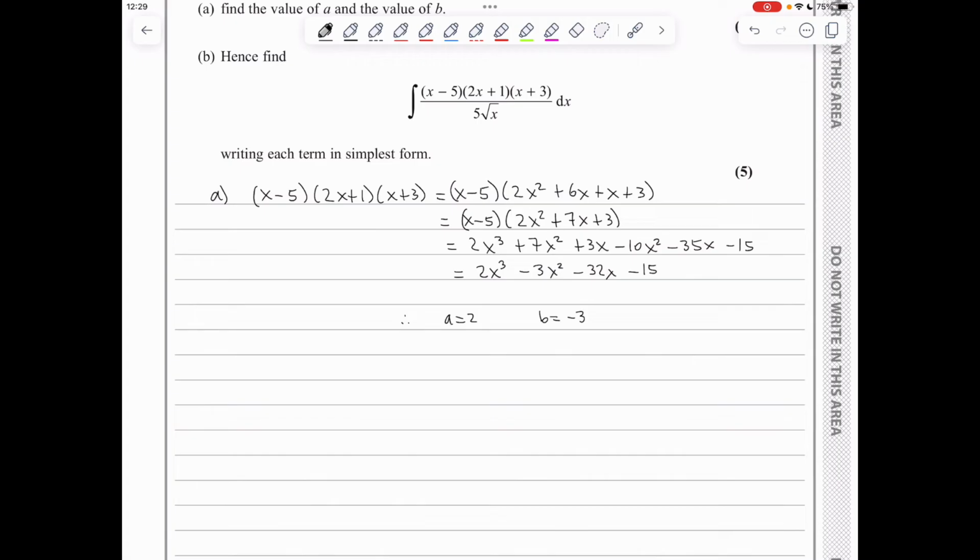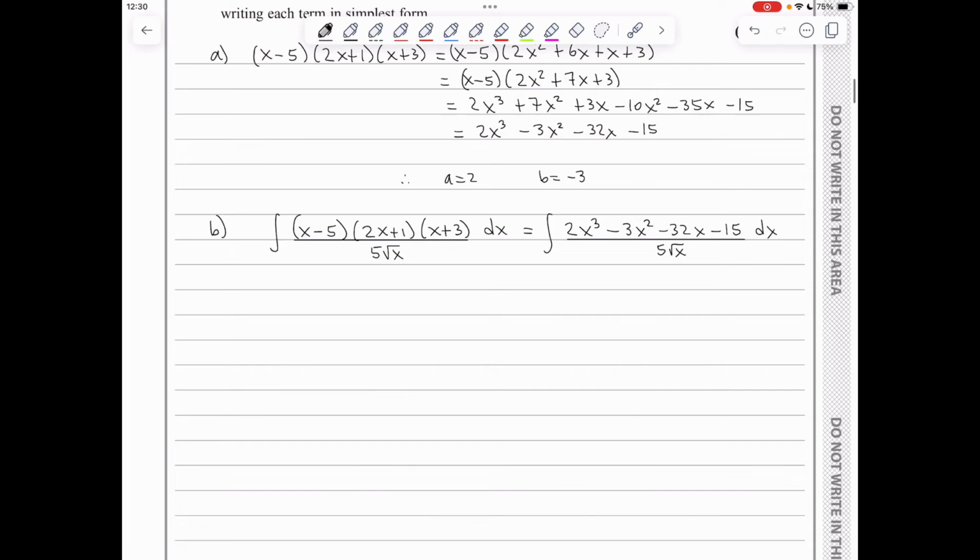In part B, it says, hence find the integral of this, writing each term in its simplest form. So I'm going to use the expansion we have obtained in part A. We've got the integral of x minus 5 times 2x plus 1 times x plus 3 over 5 root x, which can be written as the integral of 2x cubed minus 3x squared minus 32x minus 15 over 5 root x dx. So I will write this in index form.